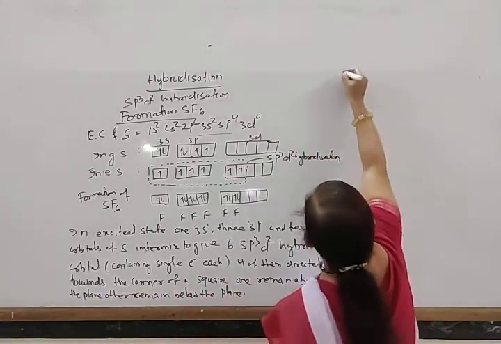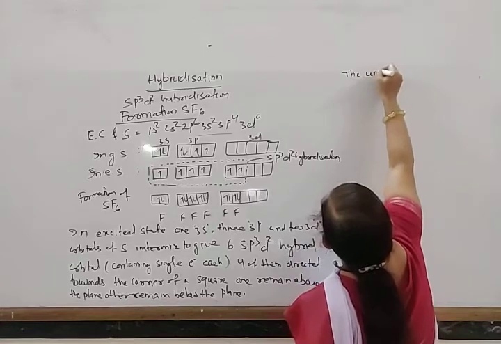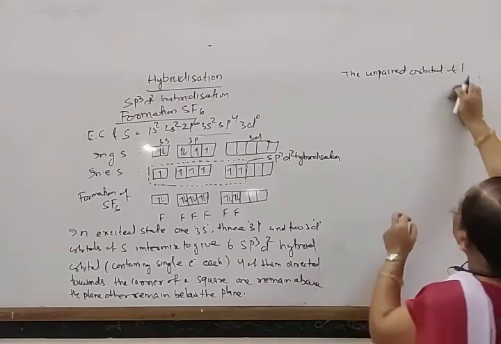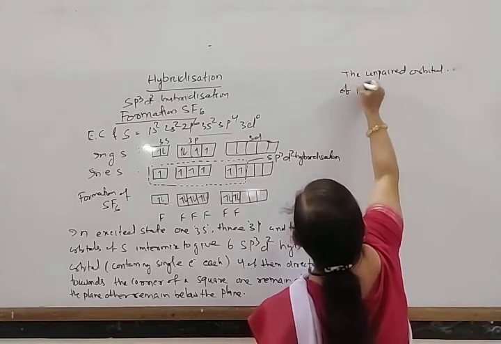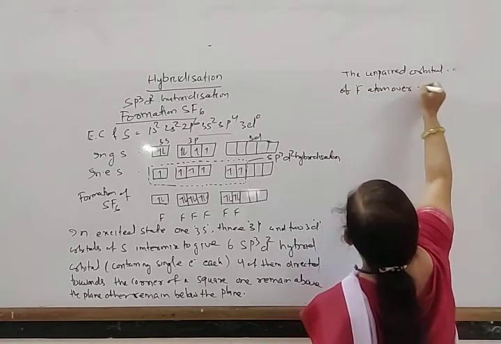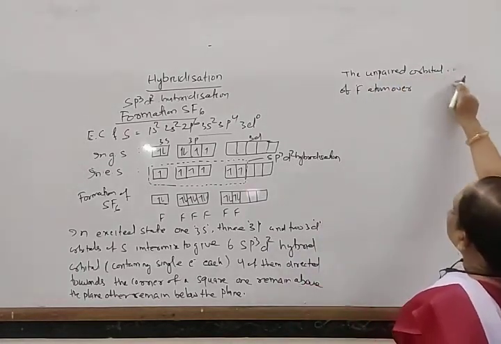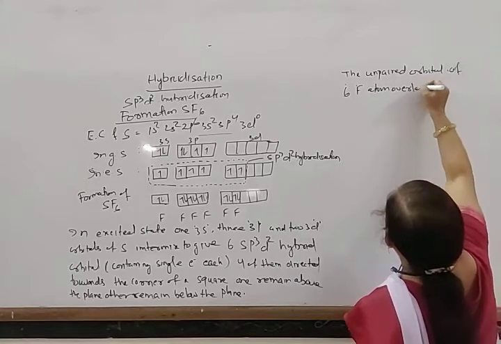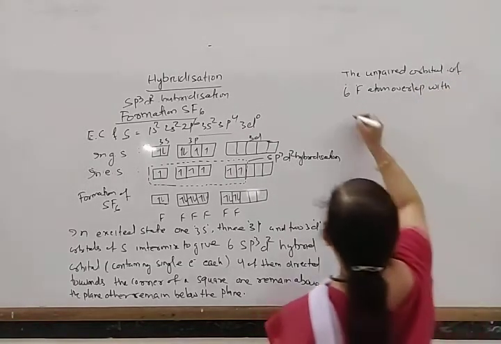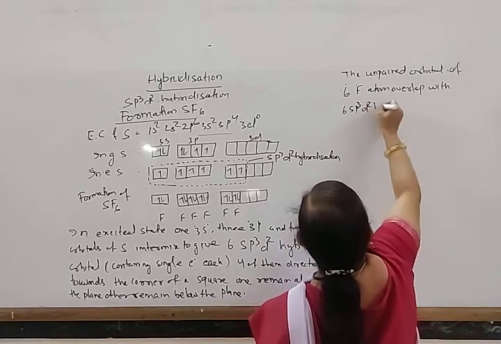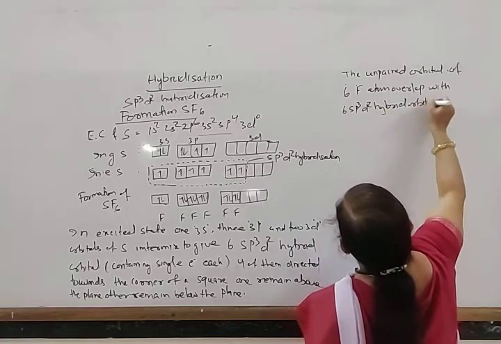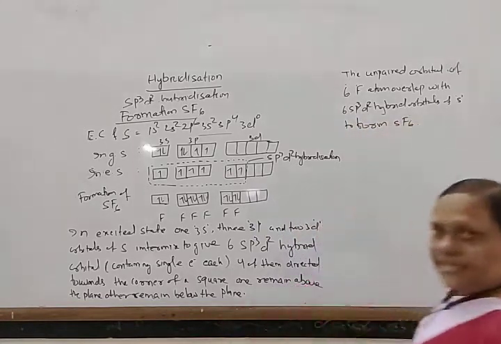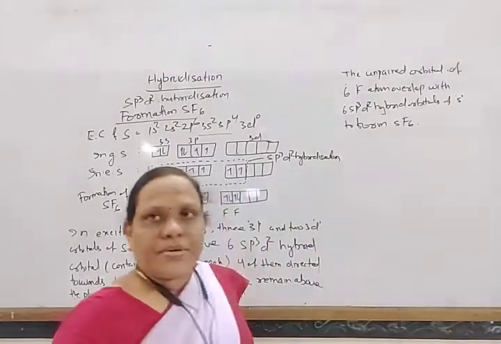The unpaired orbital of each of the 6 fluorine atoms overlaps with the 6 sp3d2 hybrid orbitals of sulfur to form SF6. Okay, so I am drawing the structure.